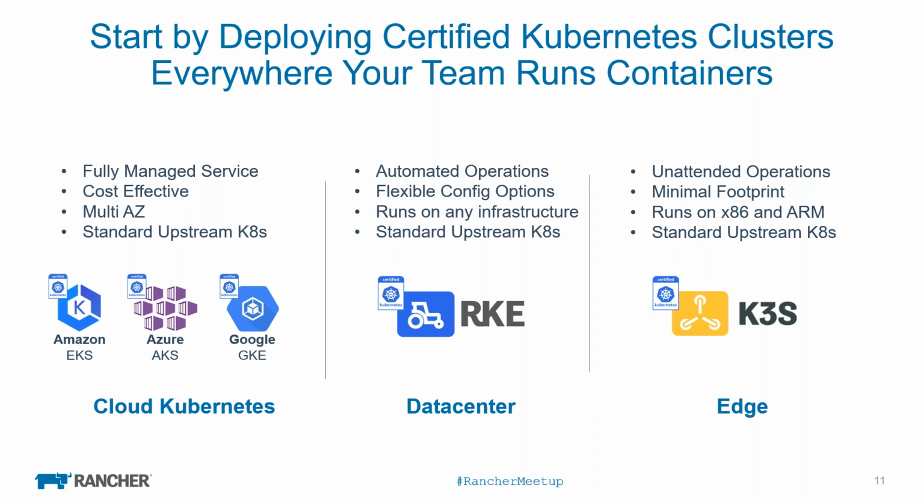We also have K3S, which is also upstream and certified, but pulls out some things to focus on small footprint and unattended operations. It's very popular for deployment on your laptop, in your CI flows, and in edge locations, and we're seeing K3S used in just about every use case.